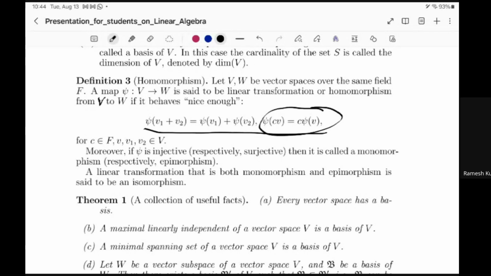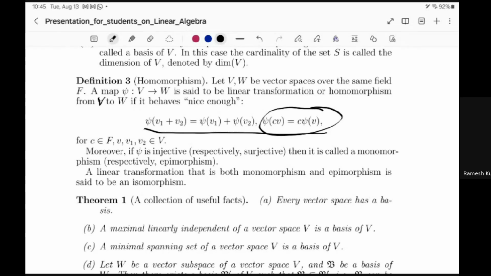Okay? So that is the idea. An isomorphism is an invariant for vector spaces. Invariant is something which preserves the structure and also some other inherent properties of the vector space. In this case, by the inherent property, I mean that the basis will be taken to a basis.